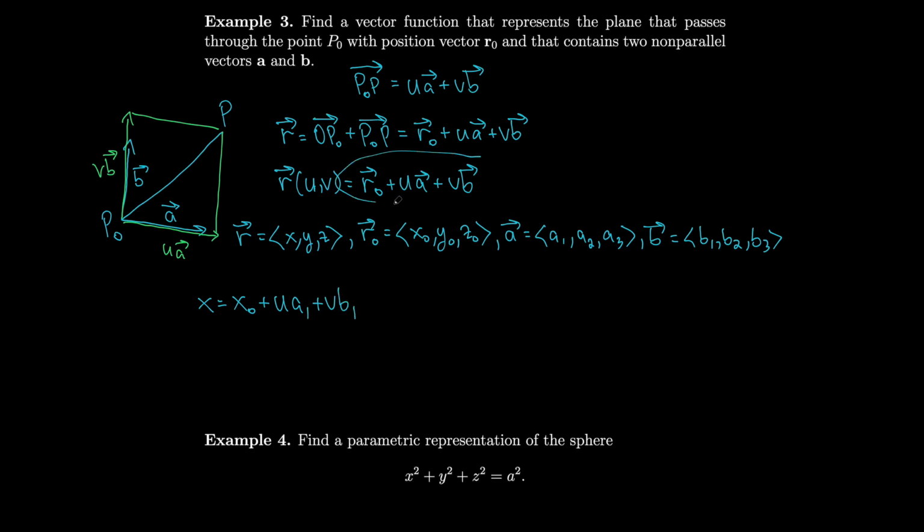All I did was take this equation and just split it for x, and now I'll split it for y and get that y is y naught plus uA2 plus vB2, and then z would be z naught plus uA3 plus vB3. So we've come up with a vector function that represents our plane, and we even came up with parametric equations that represent our plane in terms of two parameters.